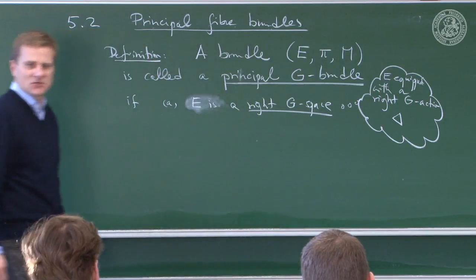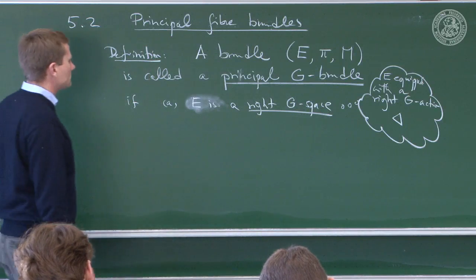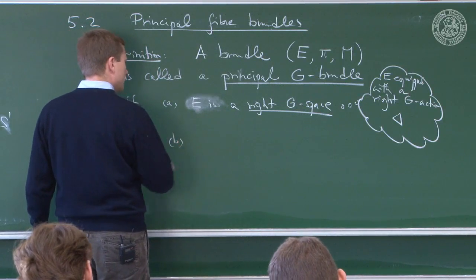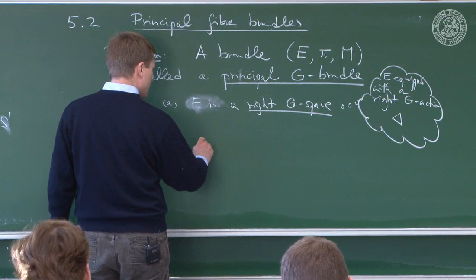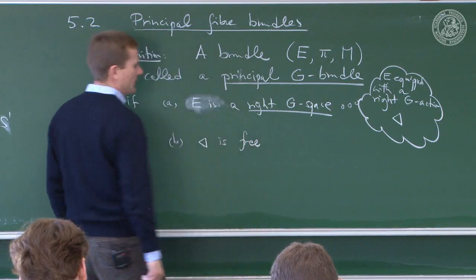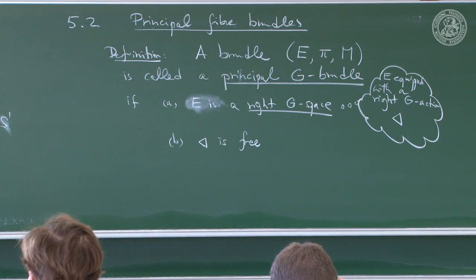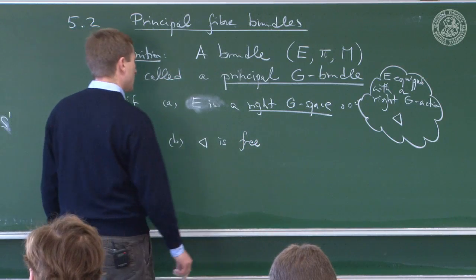So we have such a thing. Second, this right G action is free. This we certainly want to have. That makes it a principal G bundle rather than just a right G bundle. This is free.